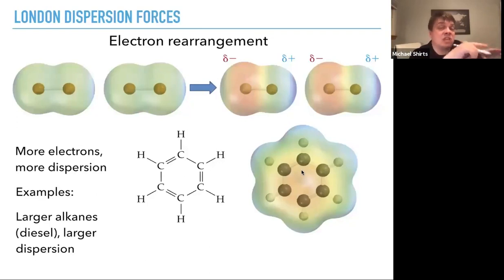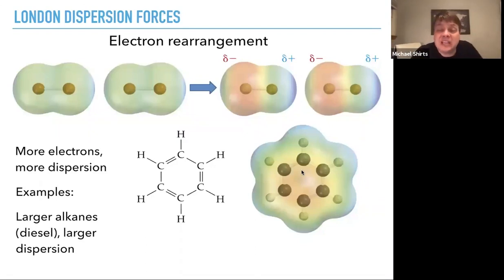Its electrons will slosh around so that it has more electrons lined up with the positive end of the other dipole. And as you have a bunch of molecules around and all the electrons are sloshing around, they're going to slosh around such that they tend to get these momentary dipoles aligned with each other more times than not.